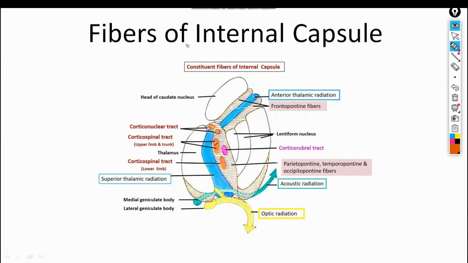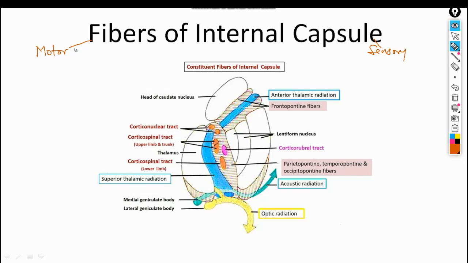Clear? Now let's understand the fibers of the internal capsule. This is a little bit complex. It is composed of two kinds of fibers: one is motor and the other is sensory. Clear?